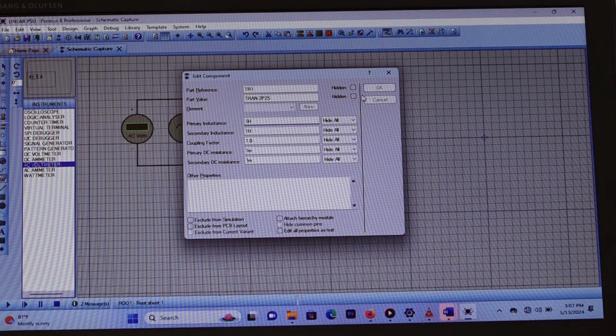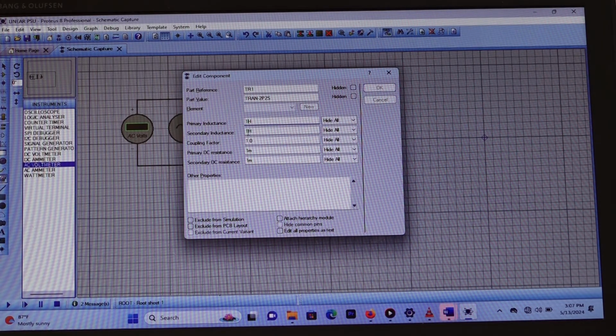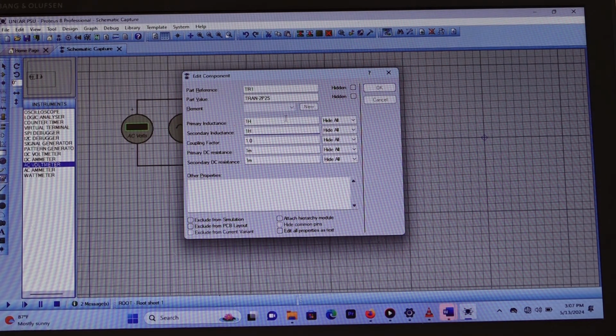And the secondary inductance is also 1 Henry. That's why I told you it was an ideal transformer, where the number of turns in the primary is equal to the number of turns in the secondary. So the primary inductance is equal to the secondary inductance.